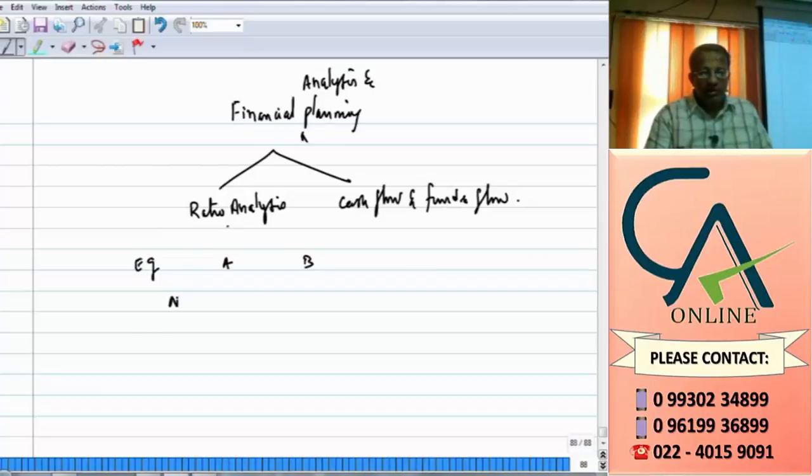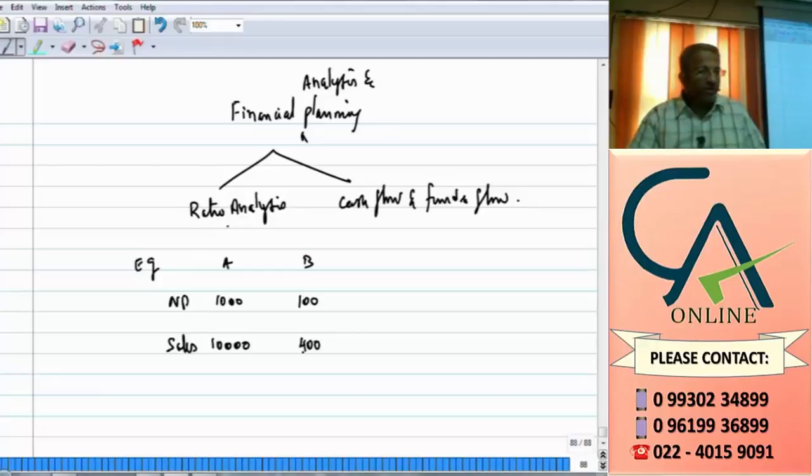A company has a net profit of 1000, another company has a net profit of 100. Sales for the first one is 10,000, sales for the second one is 400. Now, if I have to take a decision about the performance of A and B, I have to select one, whether it is A or B.